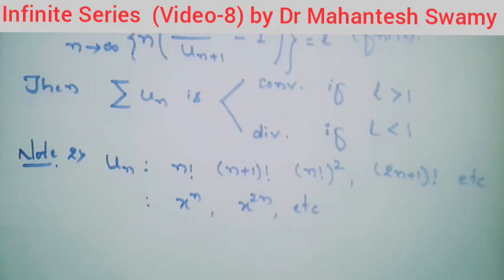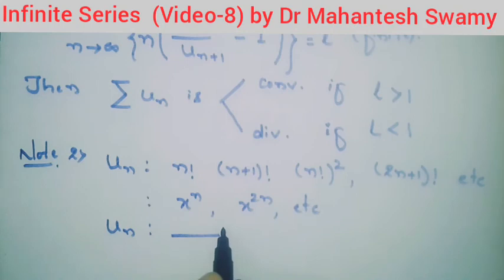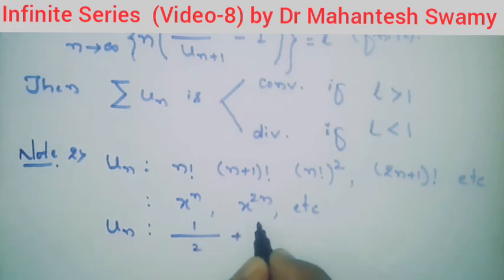And when u(n) contains a numerator and denominator with steadily increasing factors, for example, the first term is like 1 by 2, the second term may be like 1 into 2 divided by 2 into 4.